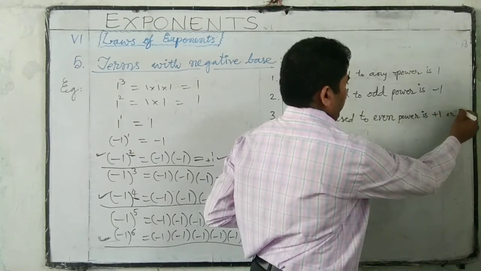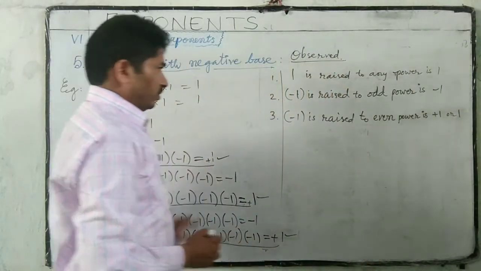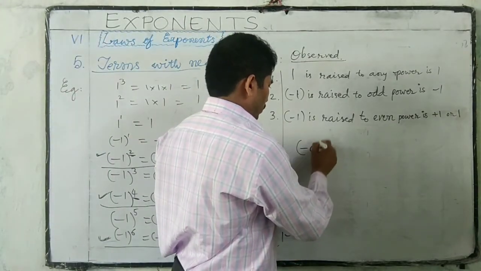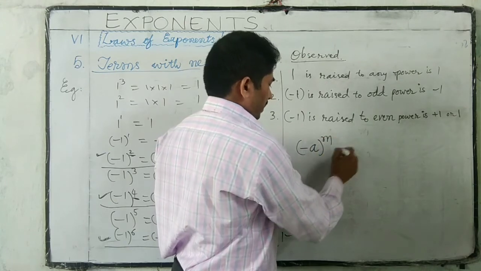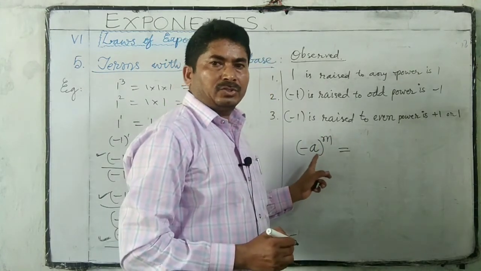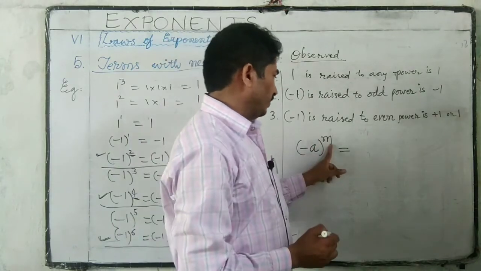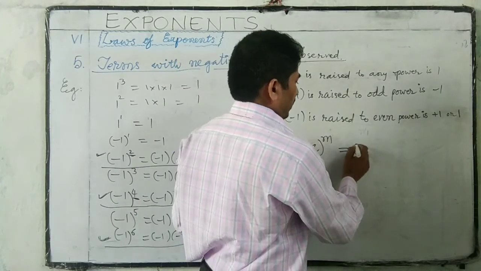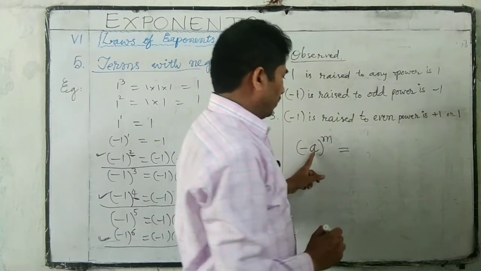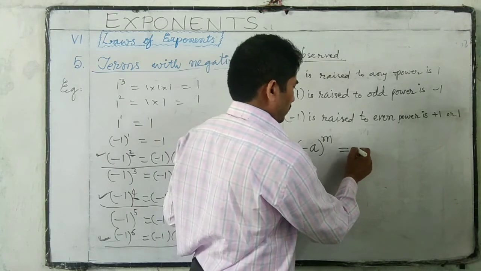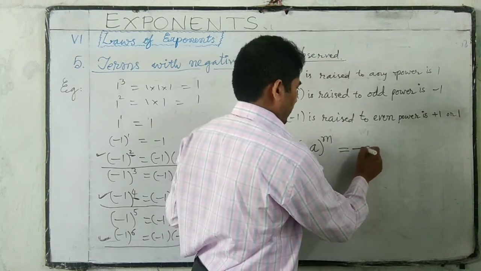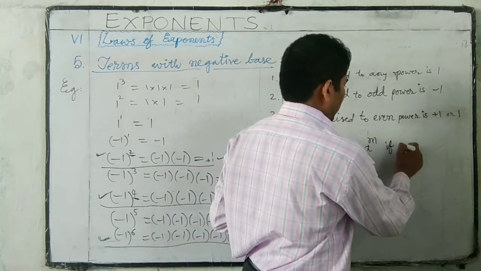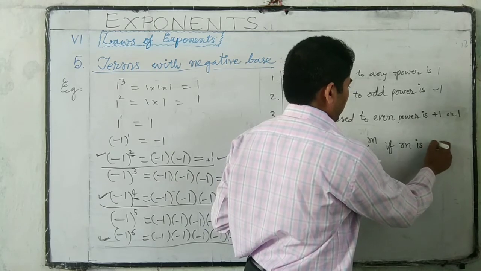By observing these examples, we can understand minus 1 whole to the power of m. Here a is any non-zero integer, m is any number. So then minus a whole to the power of m is equal to minus a to the power of m if m is odd.